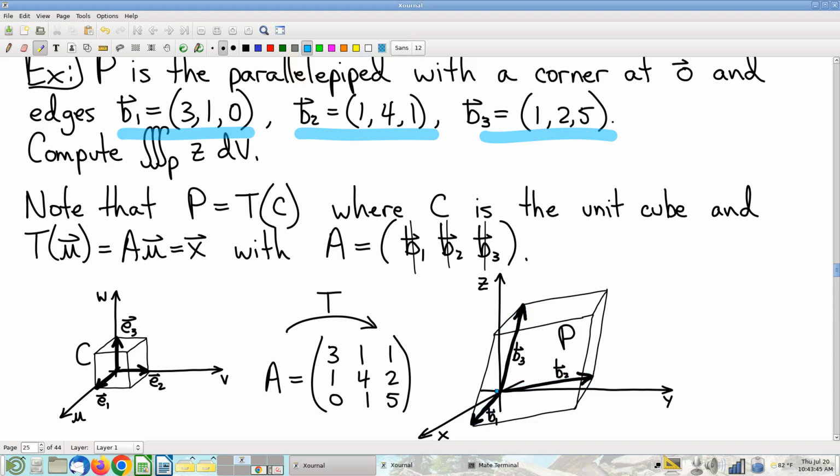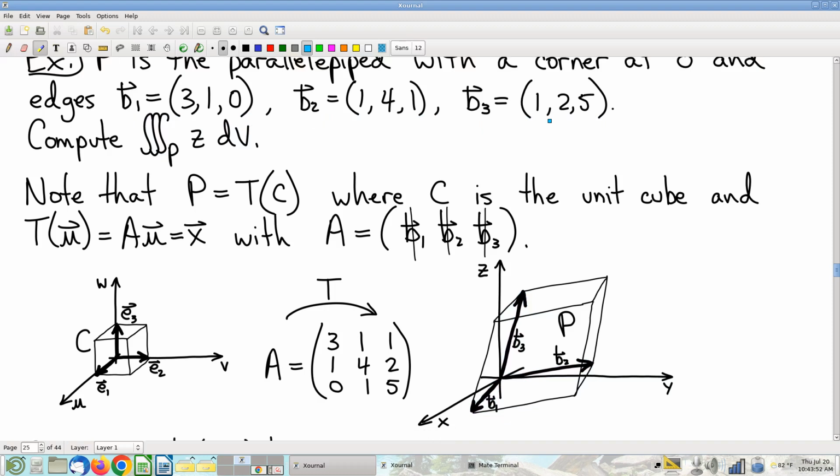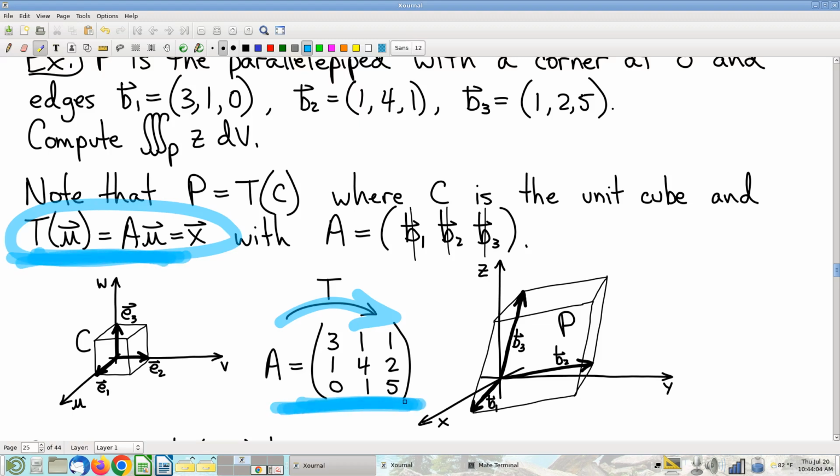And I'm going to give you as free information, even though it's written as something that's part of the analysis here, that the function that makes that an image is this function right here, where you multiply by this matrix being the one whose columns are these given vectors. There. Now, why that's true, don't worry about it. That's given for what we're doing here. Is that cool? So, change of variables function given.